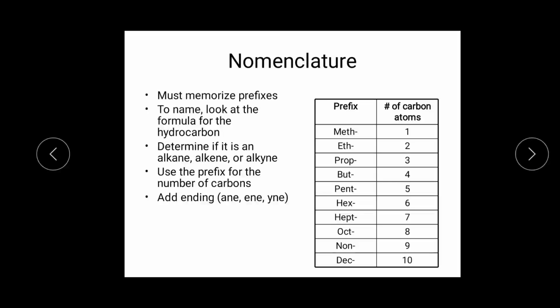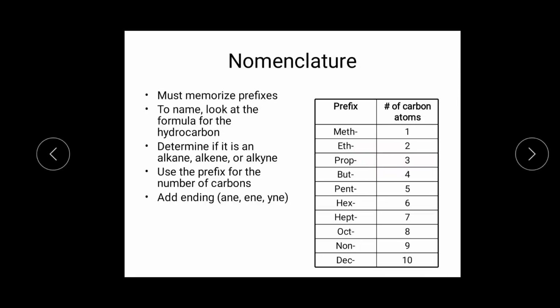Now, for nomenclature, I want you to remember the following steps. You have to memorize the prefixes, which also indicate the number of atoms present in a structure. Meth indicates that there is one carbon. Eth is 2.